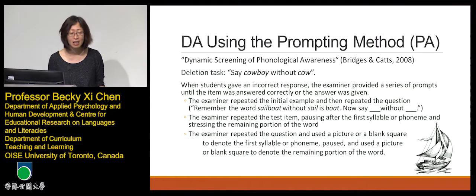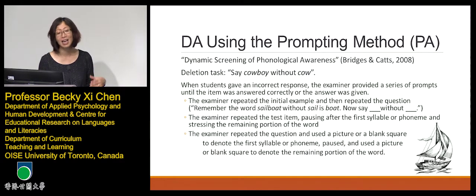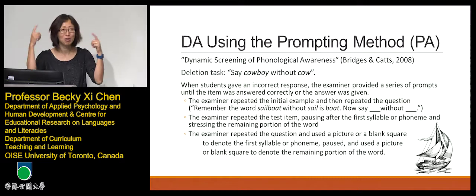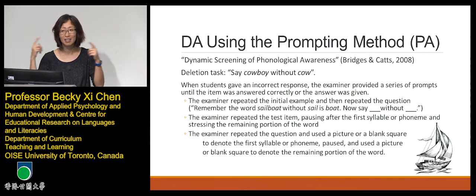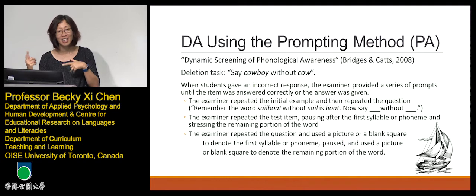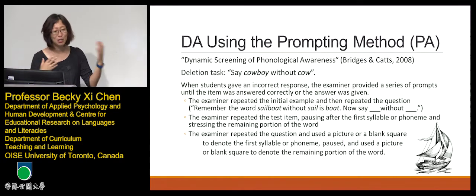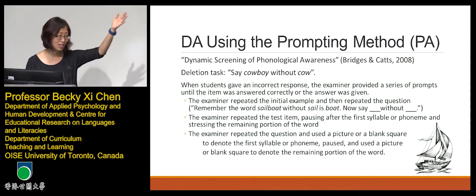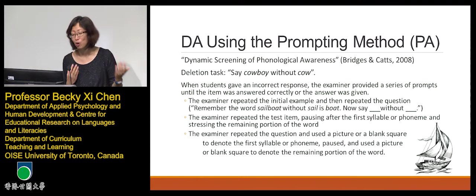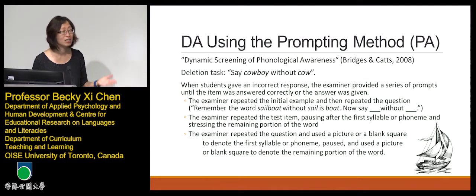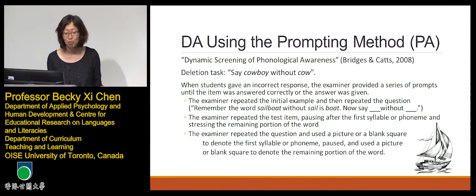So you can say cat without k. And now it's more challenging. They have to be able to figure out, oh, cat has k, at. And say cat without k is at. So that's more challenging, but I'm just using this as an example to show you how to do a dynamic measure. So when you do a standardized measure, you don't have any prompts, right?